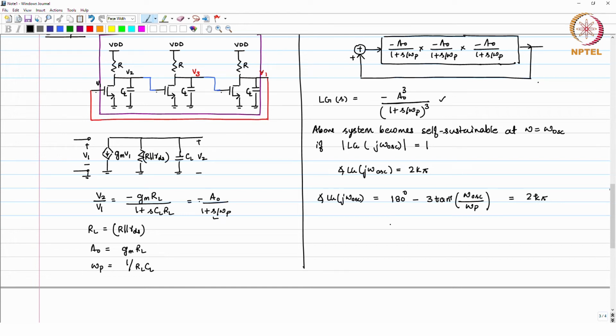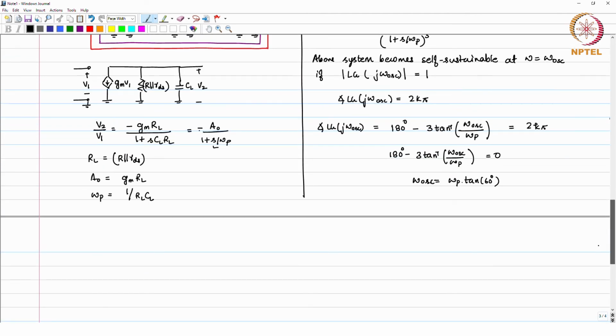So, I will pick k equal to 0, which implies that 3 tan inverse of omega oscillation by omega p is equal to 180 degree. So, omega oscillation is equal to omega p times tan of 60 degree, which is omega oscillation equal to root 3 times omega p.